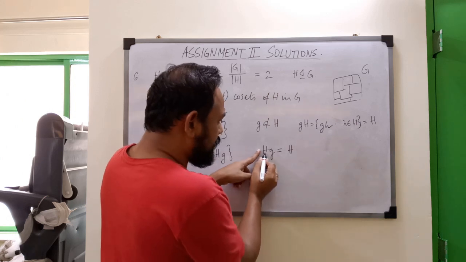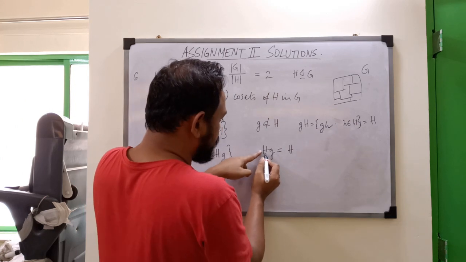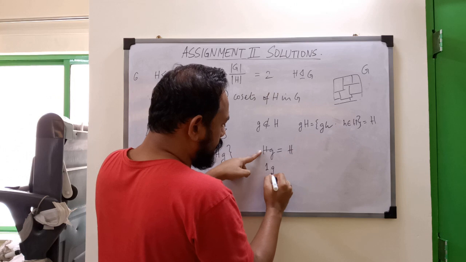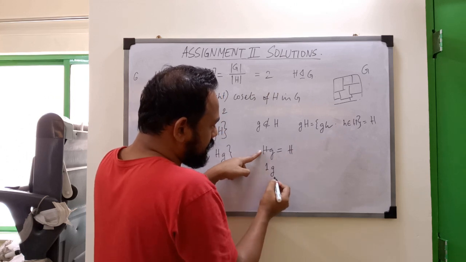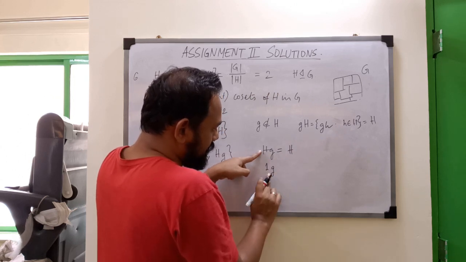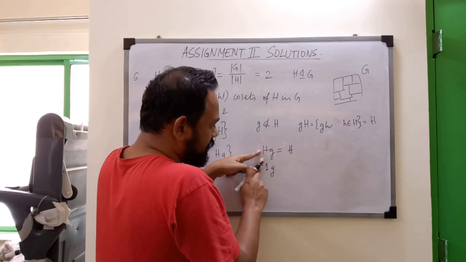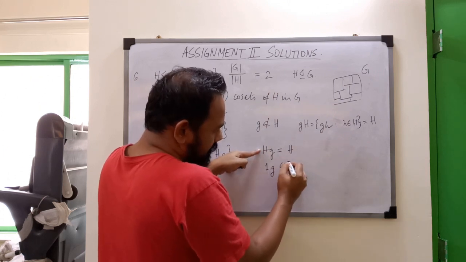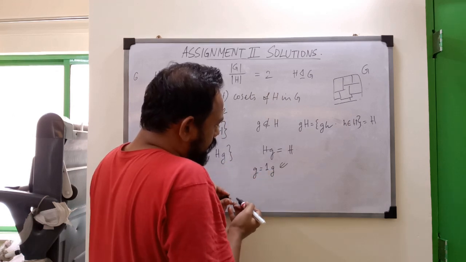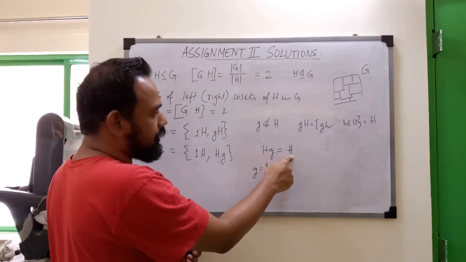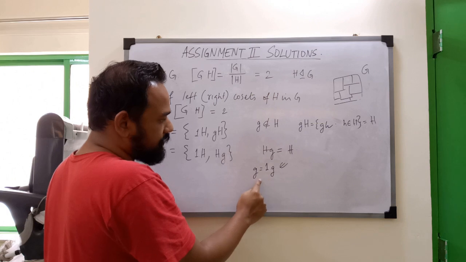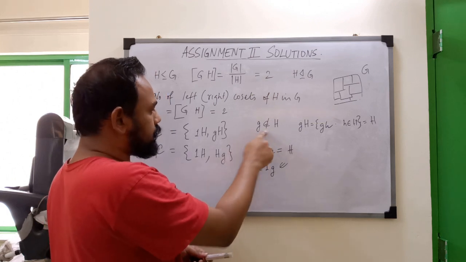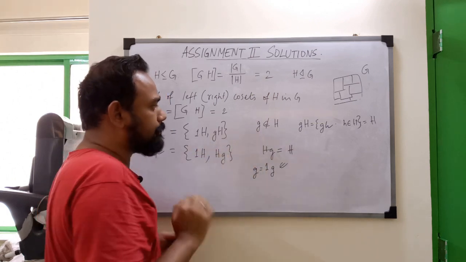Because 1 is in there, H is a subgroup, so 1 would get multiplied by G. So this is an element of HG. But HG is H, so this must be an element of H, but this is G. So if HG was equal to H, then G would be an element of H, which is wrong because we have shown that G cannot be an element of H.